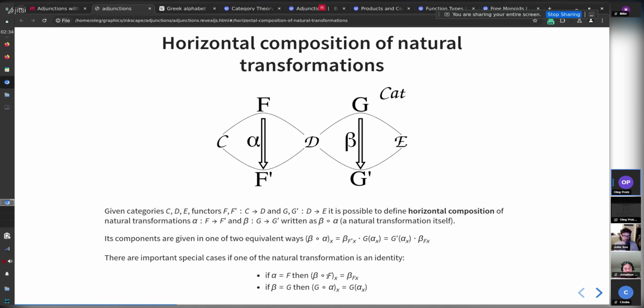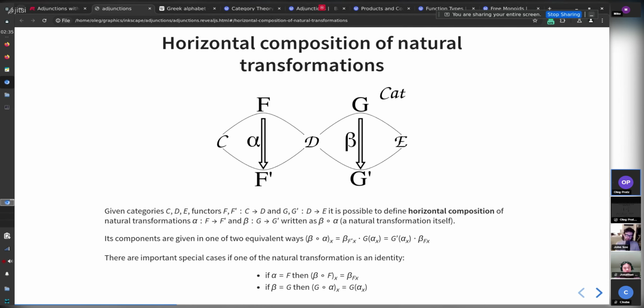So let's say alpha is the identity, and it is on the right of the horizontal composition. So F ends up in here, and we have a component of beta at Fx. And if the identity natural transformation is on the left, we end up with a component at x mapped by G as a morphism, with a morphism mapping function.